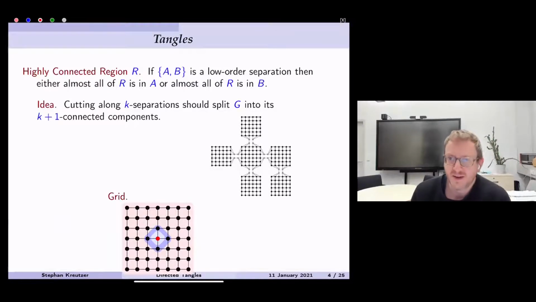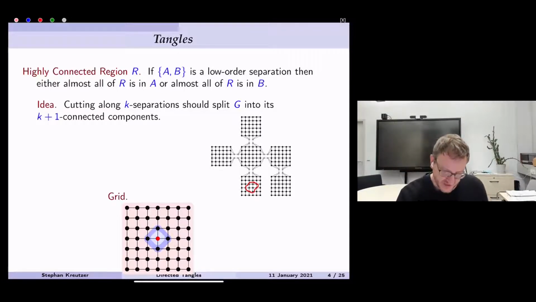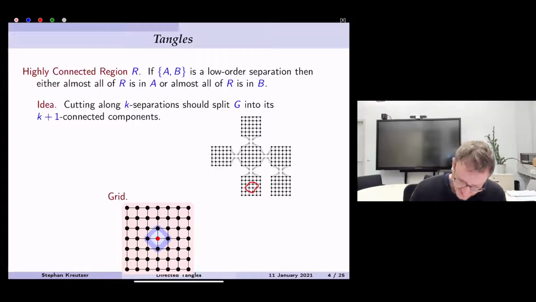Or more generally, if you have a low order separation, it could split off a piece of the grid. And so there isn't really any vertex in the grid that you could say is the representative of the connectivity of this region that we want to identify, because every single vertex in our highly connected region will be split off by some separation.